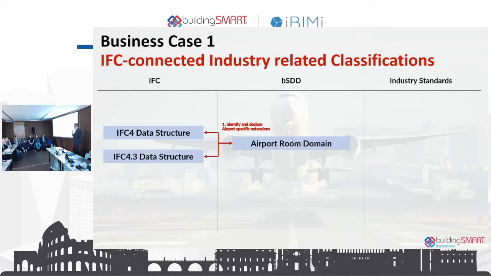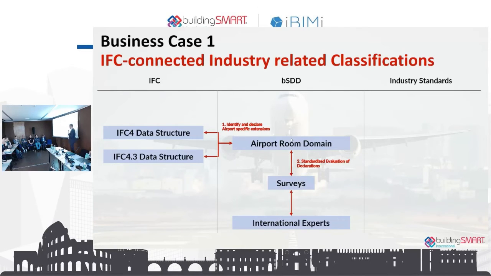Actually there is a project running until the end of August with surveys to evaluate all the declarations. We have finished our declarations already. Now we start surveys over the whole world with all the experts for airports and from the aviation industry to make sure that all the declarations we developed are really usable and fit international standards.